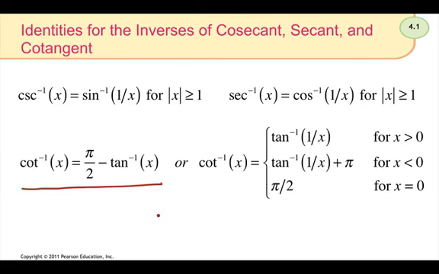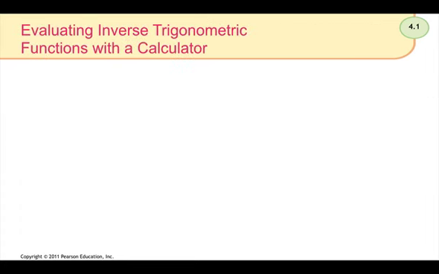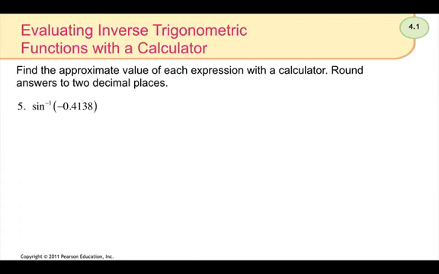Let's go to the next slide. So here it says find the approximate value of each expression without a calculator. Round answers to 2 decimal places. So to do number 5, you need to make sure that your mode is in radians. And once you do that, punch in sine inverse of the number that you see there.